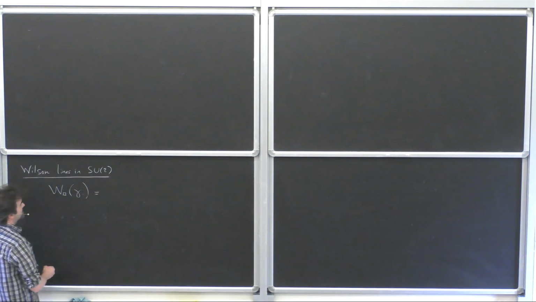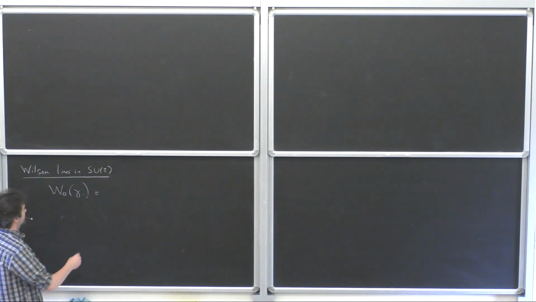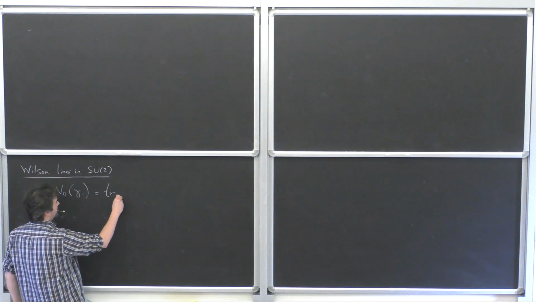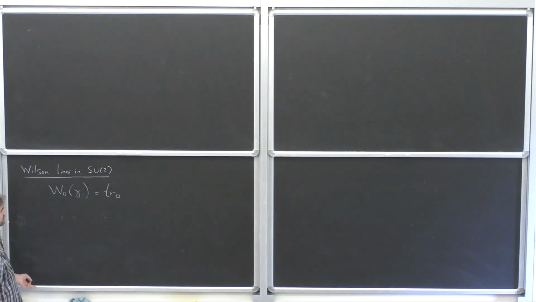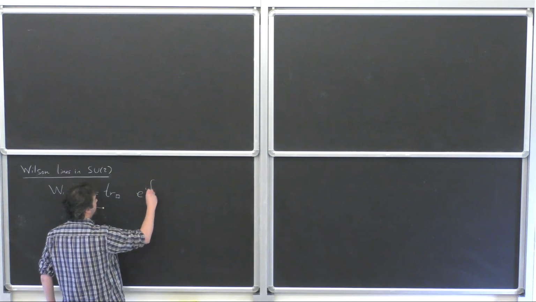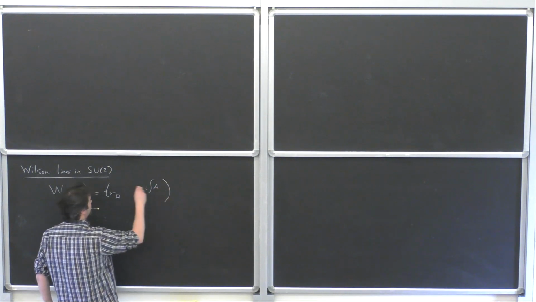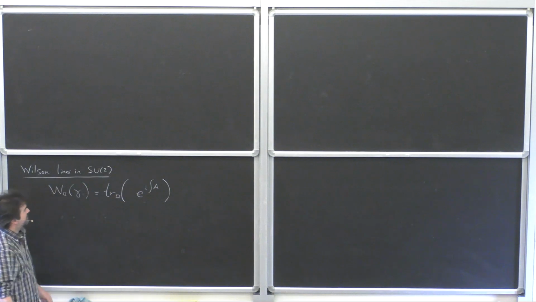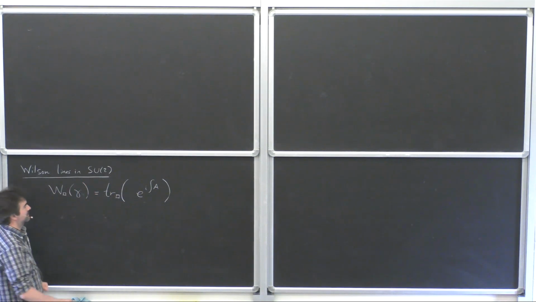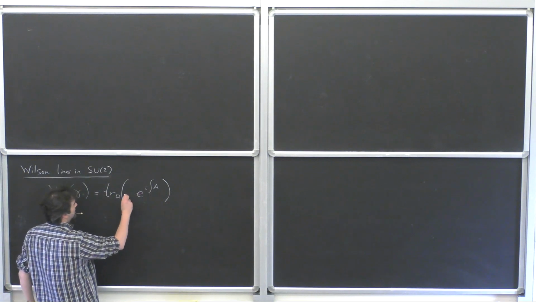Right, so if you want to write this in terms of fields, this object has a standard description. It's very similar to what we saw before. In the Maxwell case, it's the trace in the fundamental of the exponential of i, the integral of A. The only issue here is that because we are in a non-abelian setting, you have to be a little bit careful when you define this object.